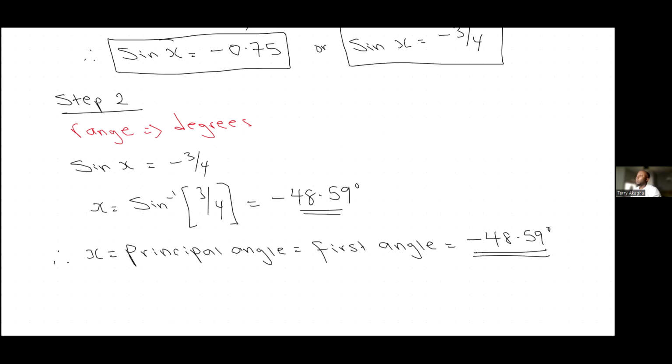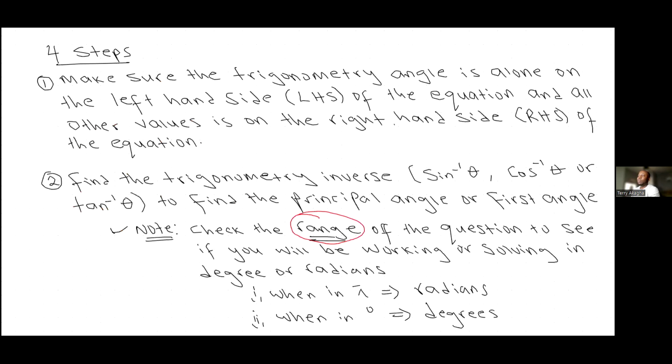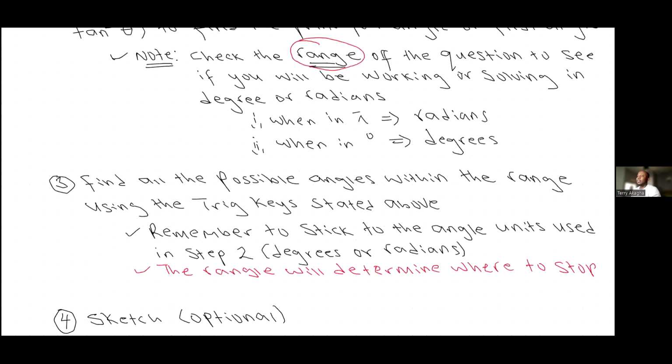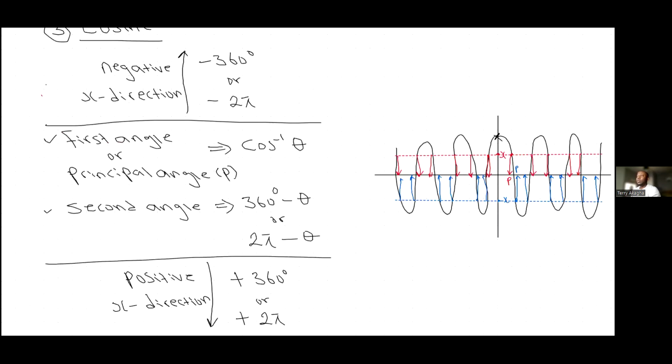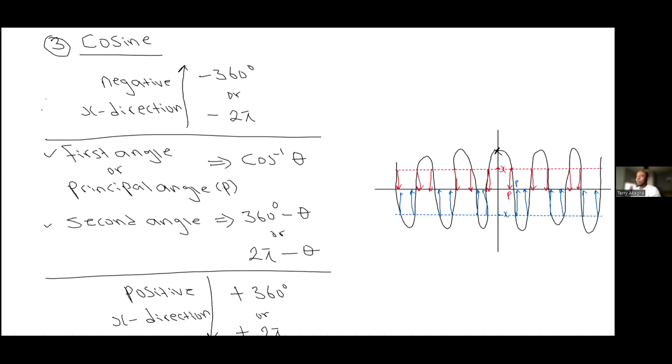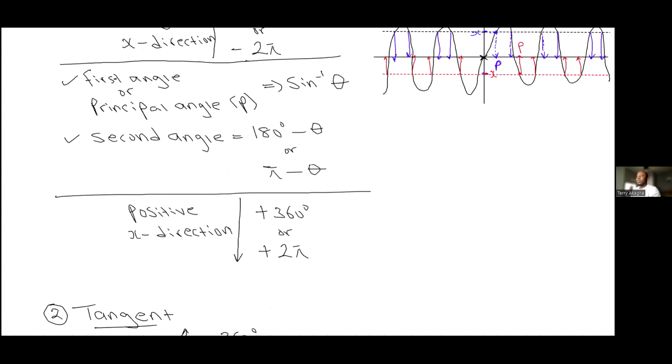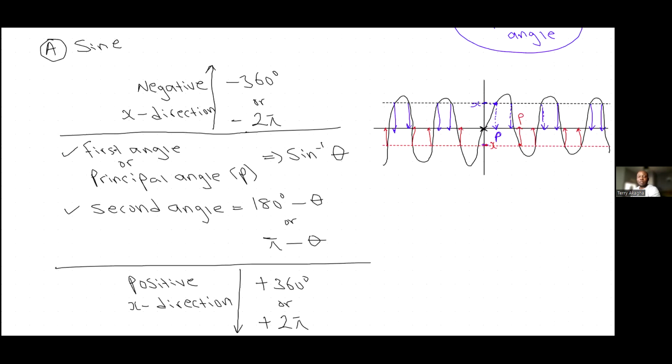Now let's move on. Step 3 now, we need to follow the 3 keys for this, okay? And in this example, we are having sine. So let's go to the 3 keys for sine. So sine, I believe, was the first one we talked about, okay? So to get the first angle is the sine inverse of theta. The second angle is 180 minus theta because we're working in degrees. Does that make sense? Then we'll keep on adding 360 and we're going to subtract what? 360.